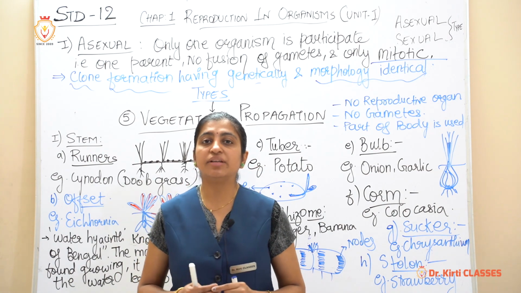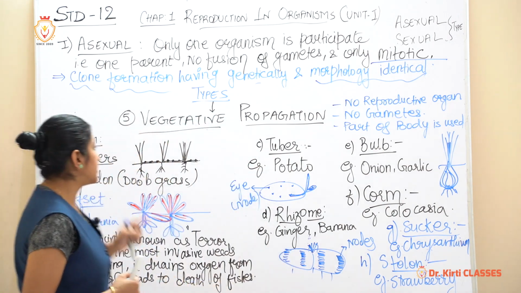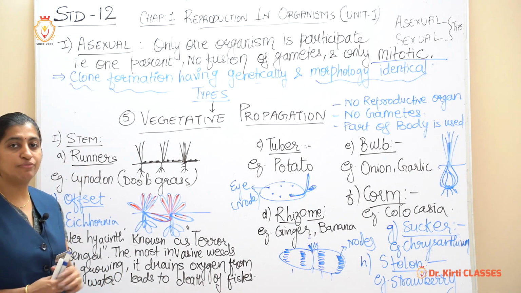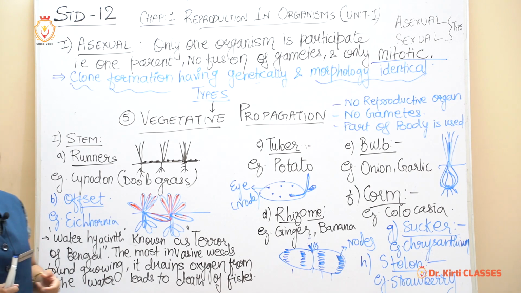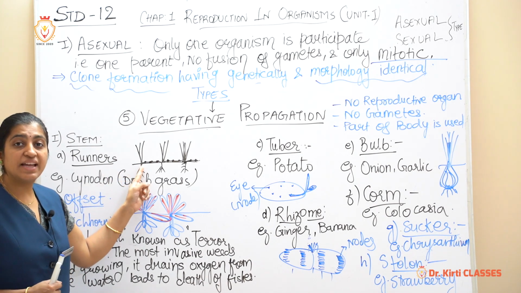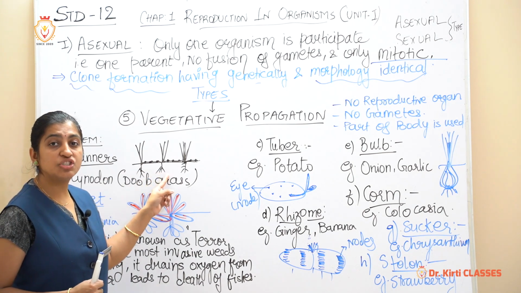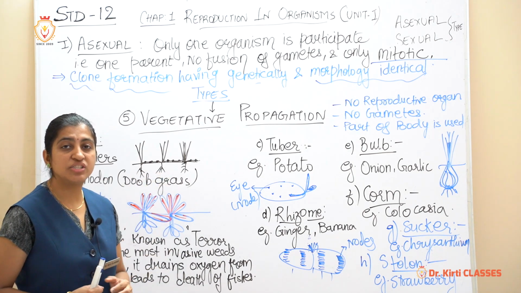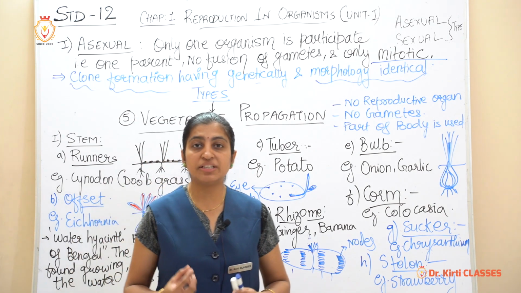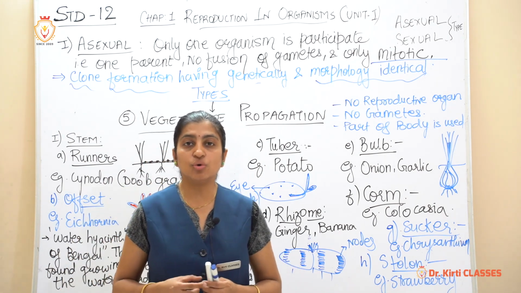So number 1 type, that is of runner. So in the stem modification, number 1 is runner. Best example is Cynodon, that is Dub grass. So the part of a stem which will be touched to the ground, that means the node which is present on the stem. Node is a collection of meristematic tissue which is helpful for the growth of a new plant.